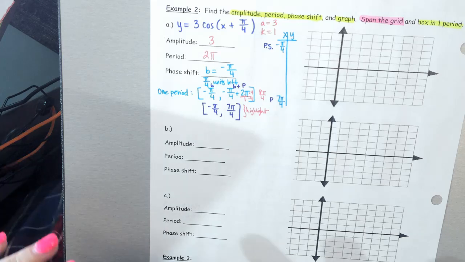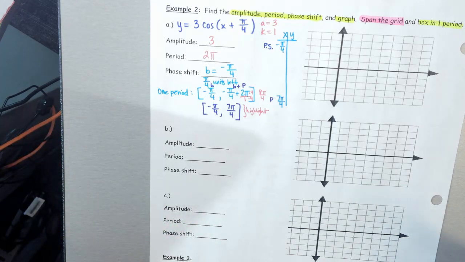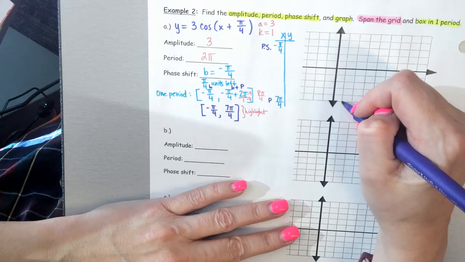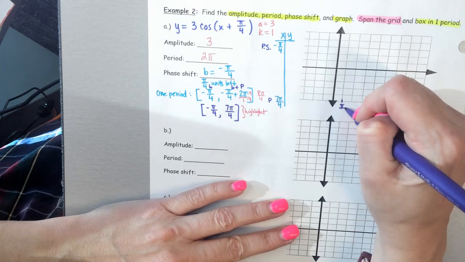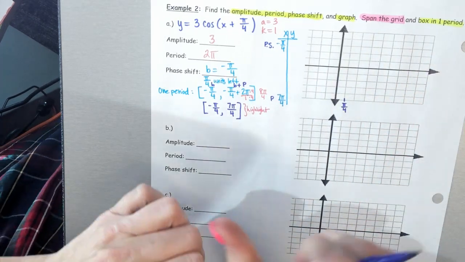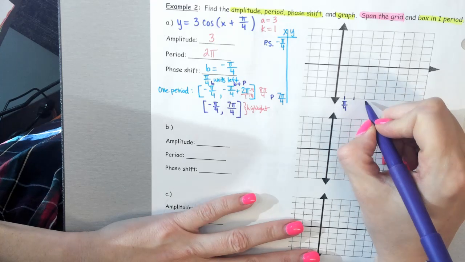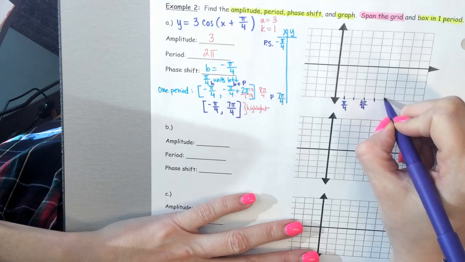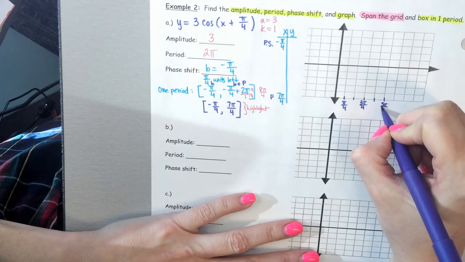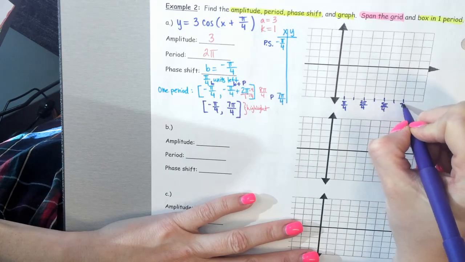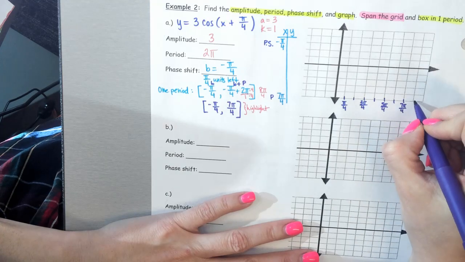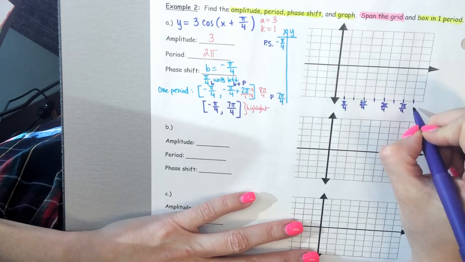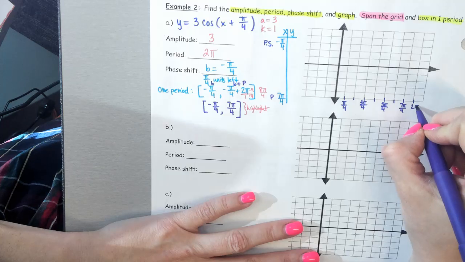Okay, so a good scale to go by here is pi over 4. So I'm going to make each one pi over 4. So 1 pi over 4, 2 pi over 4, 3 pi over 4, 4 pi over 4, 5 pi over 4, 6, 7, and then 8 pi over 4 is 2 pi.